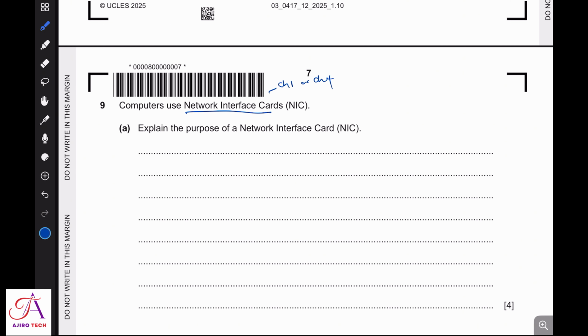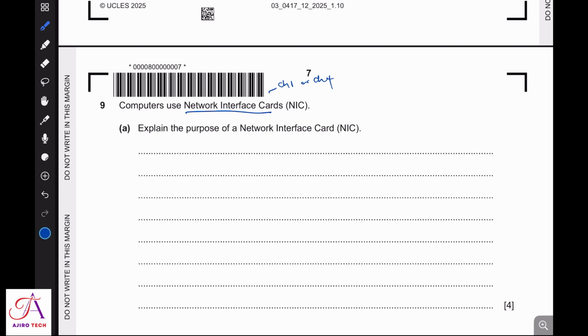You can also get this knowledge in chapter four, networks and the effects of using them. I'm going to pick one, because you can use either to explain and you're good to go. So chapter one or chapter four, whichever way you want to go is fine.